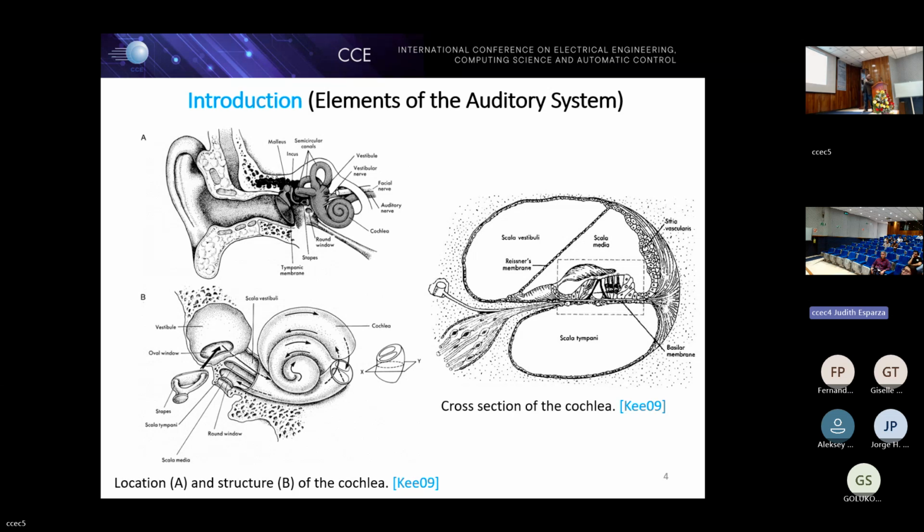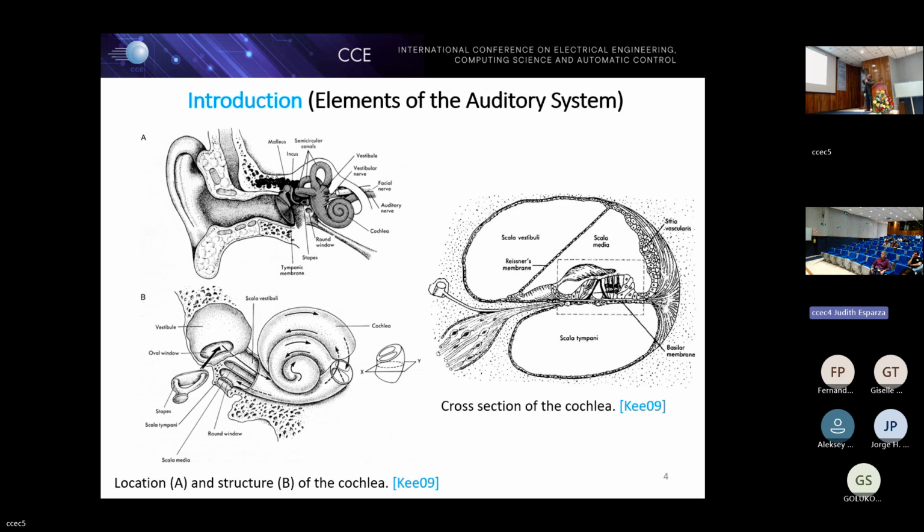Inside, the cochlea is full of a liquid similar to water. But here in the scala media, the liquid is composed of sodium and potassium, and there is a difference of pressure along the cochlea at the basilar membrane. The basilar membrane is here in the middle. This part is a cross section of the cochlea and represents how it is inside.